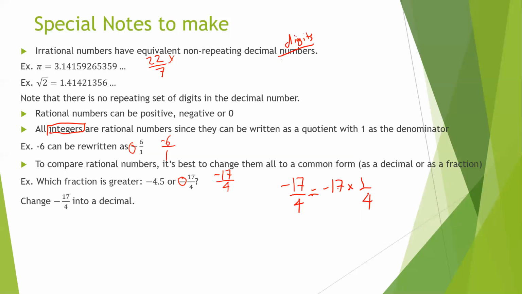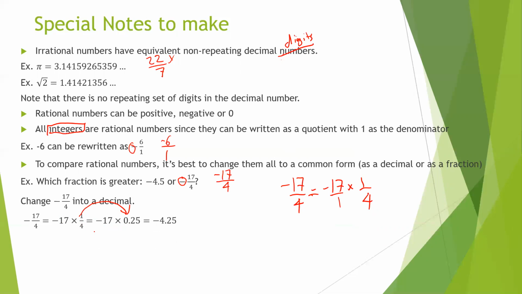And you can check yourself. -17 times 1/4, I multiply -17 and 1, I get -17. Technically there's a 1 underneath, 1 times 4, and I end up getting 4. So I'm basically breaking down my fraction into the product of two different numbers. So -17 times 1/4, I can then rewrite the 1/4 as 0.25. And then I realize, okay, now it's pretty easy.